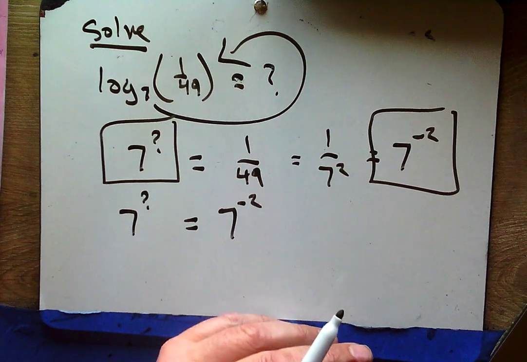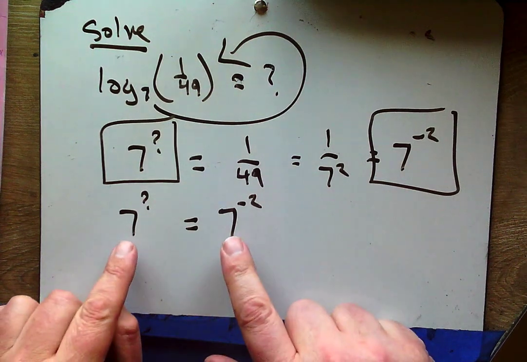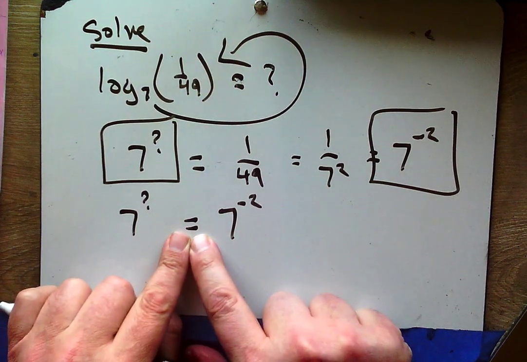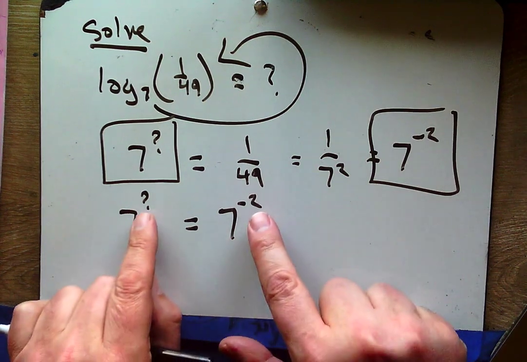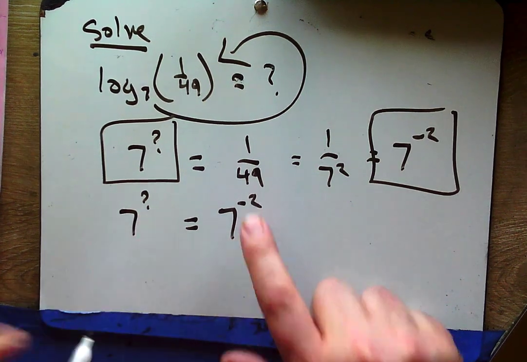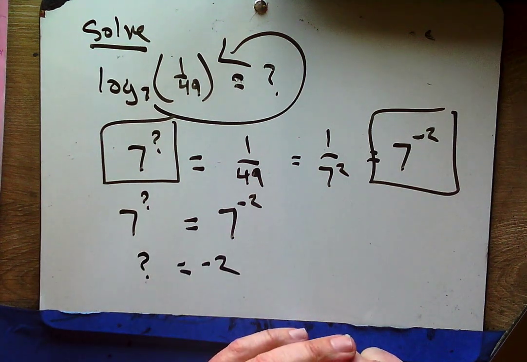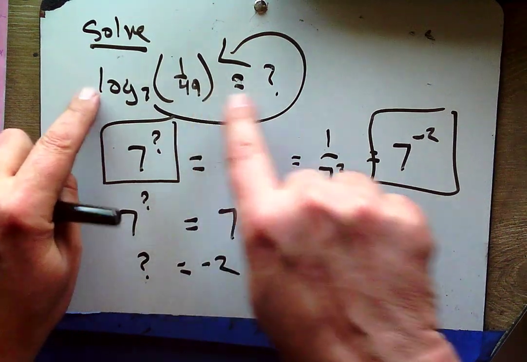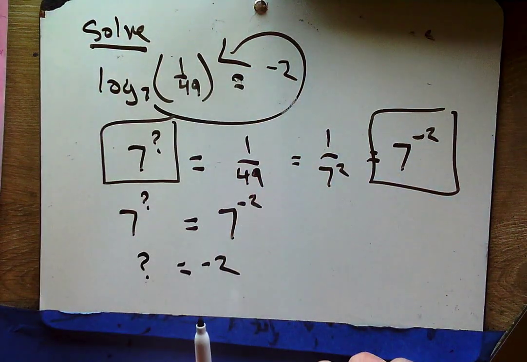And now our book says we've got this really interesting property that says if these terms are equal and the bases are the same, then the powers must be the same. And so question mark equals negative 2. So this expression, since that's what question mark is, is equal to negative 2.